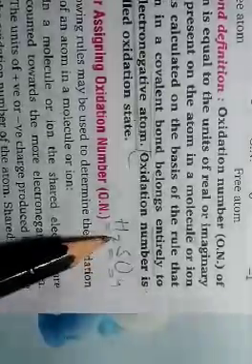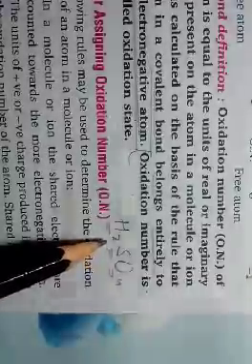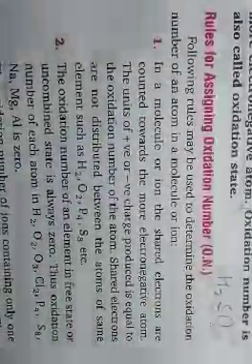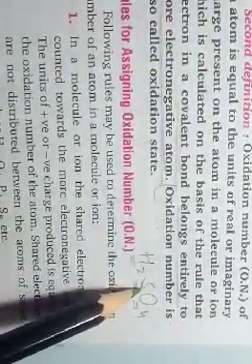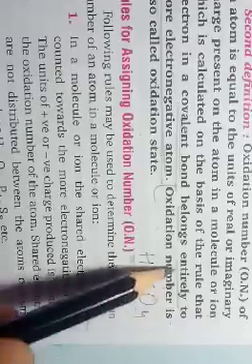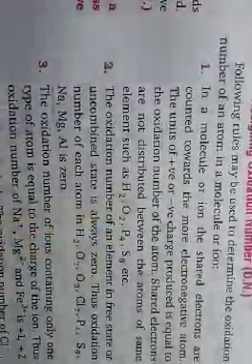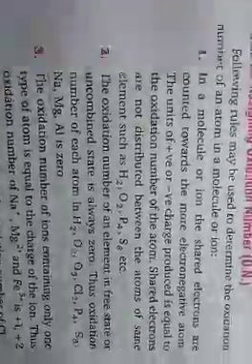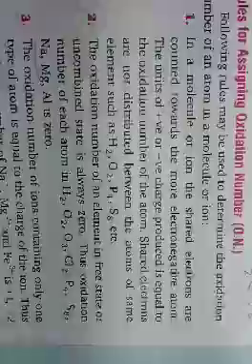Such types of questions we will be able to answer after the discussion of these points. So we will be able to calculate the oxidation state of a particular unknown atom in the given chemical unit with the help of these rules. Okay, so this is the most important discussion of this chapter.